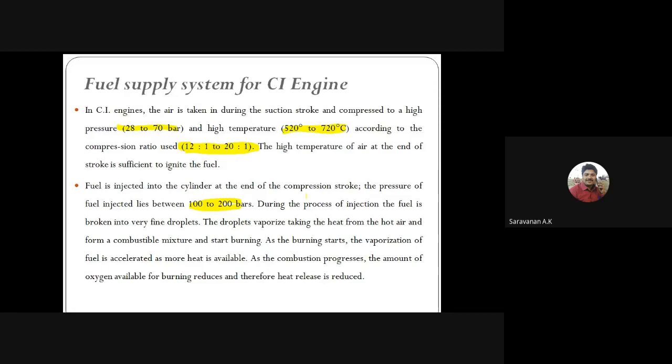Here only the air is compressed, and a high compression ratio is used in diesel engines. This heat is enough to ignite the fuel injected from the fuel injector, and the fuel is supplied at a pressure ranging between 100 and 200 bar.